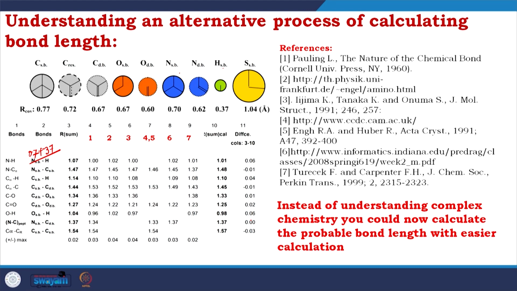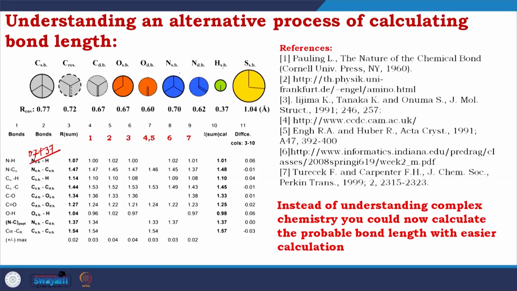Instead of understanding complex chemistry, you need to understand the chemistry, but for this calculation you could calculate the probable bond length with very easy calculation. If you understand this, you do not need to go into complex calculation, you just remember this 1, 2, 3, 4, 5, 6, 7, 8, 9 and you could calculate each and every bond in the protein.